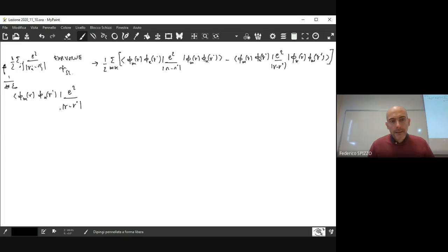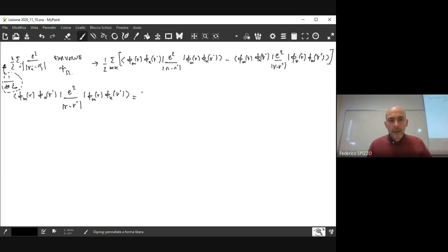If you don't mind, I just write this expression to make the equation shorter, but please remember that we also need to take into consideration the 1 divided by 4 pi epsilon 0 term. And then to conclude the integral, we have phi m of r, phi k of r prime.